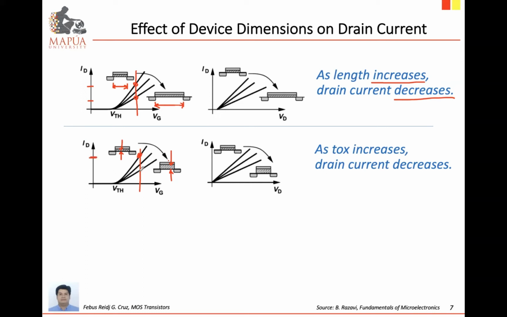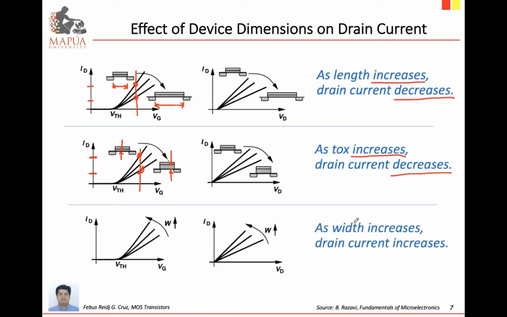When the oxide thickness becomes larger, we can see that the resulting drain current becomes smaller. So Tox is inversely related with the drain current. As Tox increases, the drain current decreases.